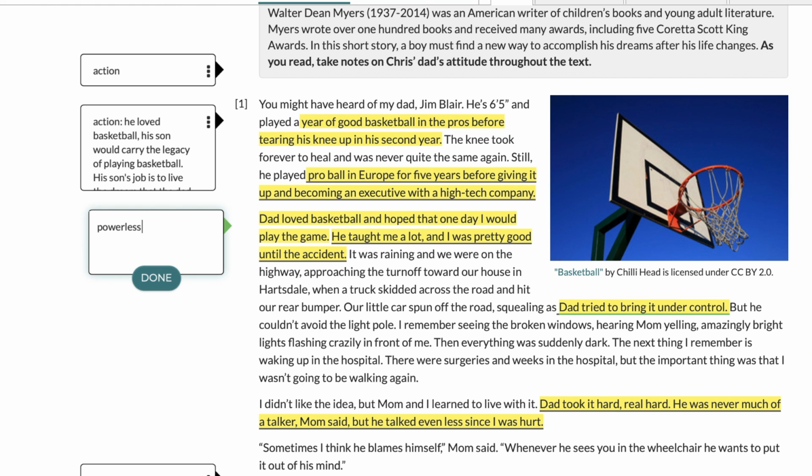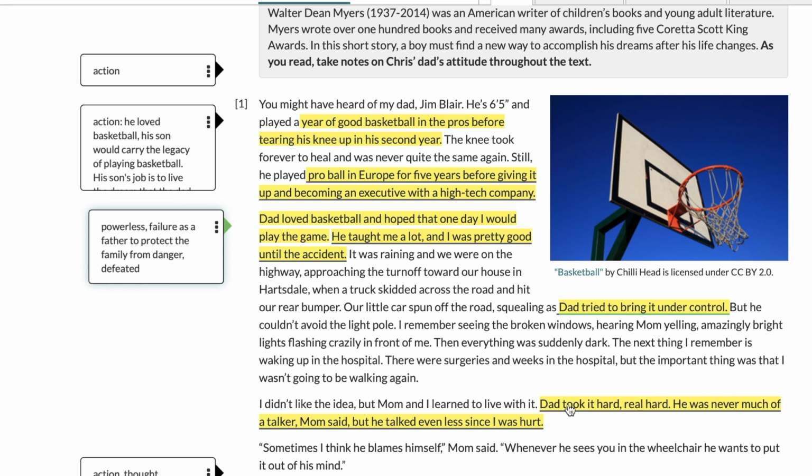In this moment, he doesn't have the power to stop the car. He may be feeling like a failure as a father to protect the family from danger. And again, these are things that are out of his control. He may be feeling pretty defeated by the fact that he couldn't protect his family.